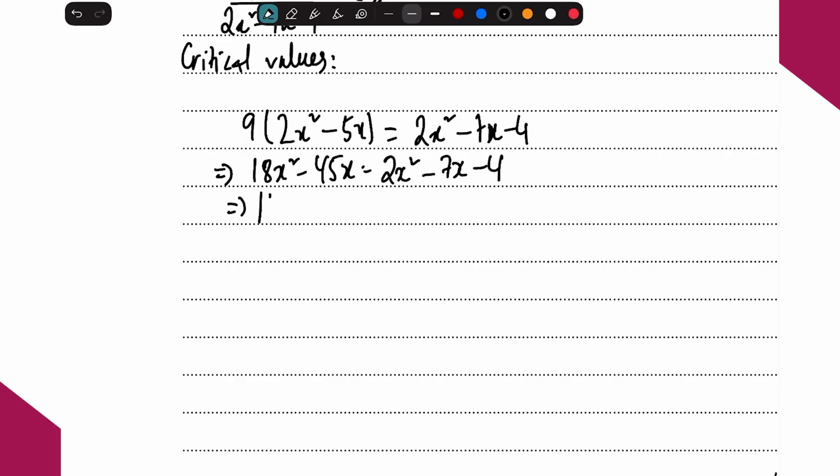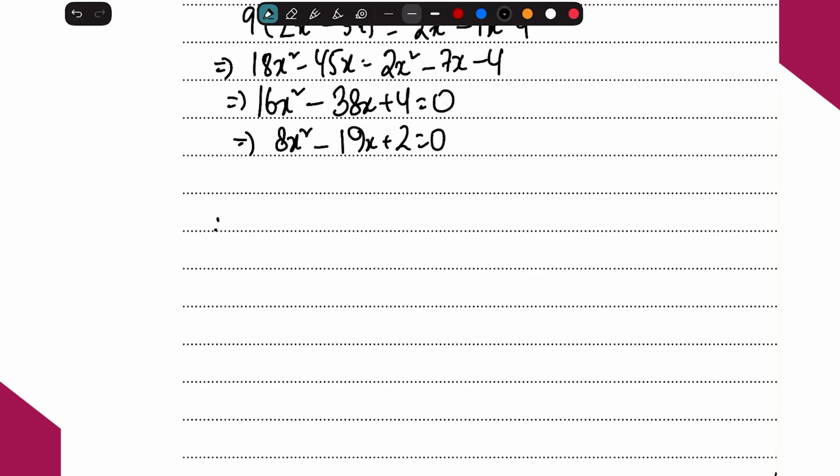Then we've got 16x squared, that's going to be 38x, and calculating, that's plus 4 equal to 0. We could simplify a little bit further, can't we? So 8x squared, 19x, plus 2 equal to 0.